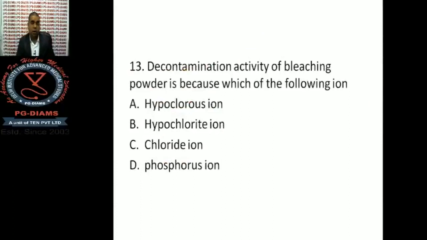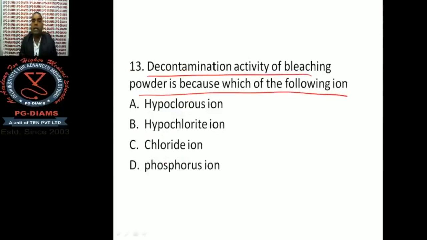Now moving on to the next question. Decontamination activity of bleaching powder is because of which of the following ions? This is hypochlorous ion, also known as HOCl minus ion. This is hypochlorite ion, OCl minus. This is chloride ion, Cl minus.